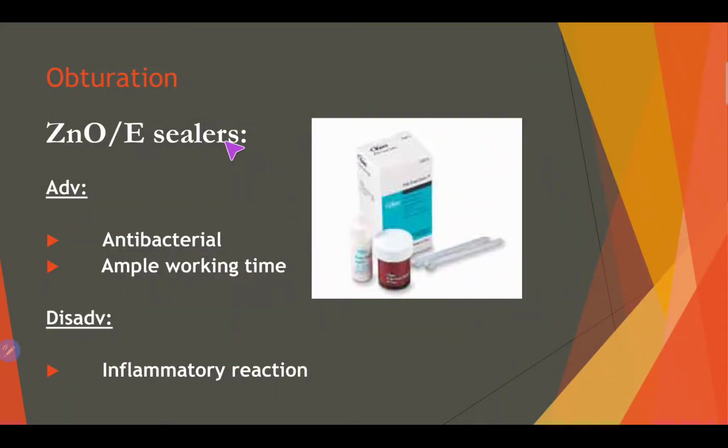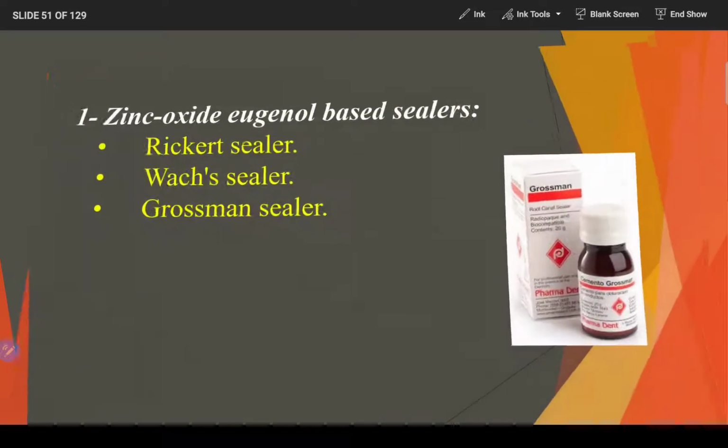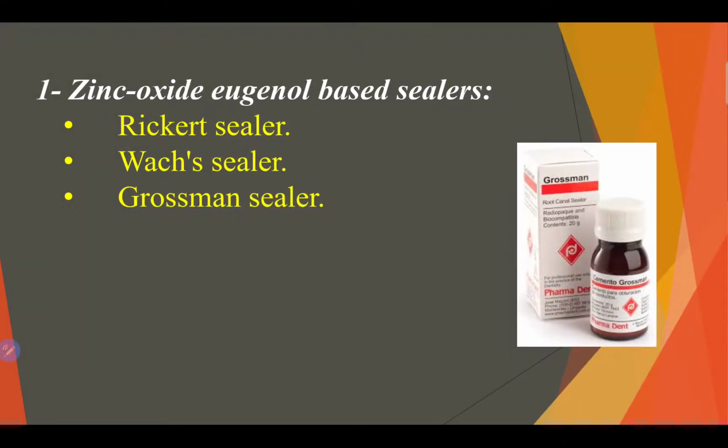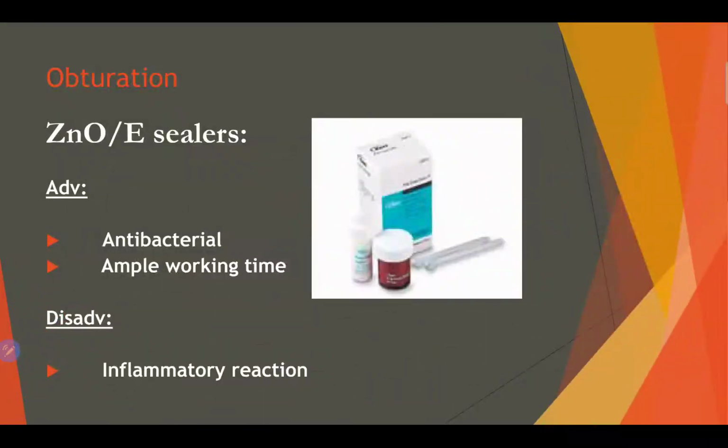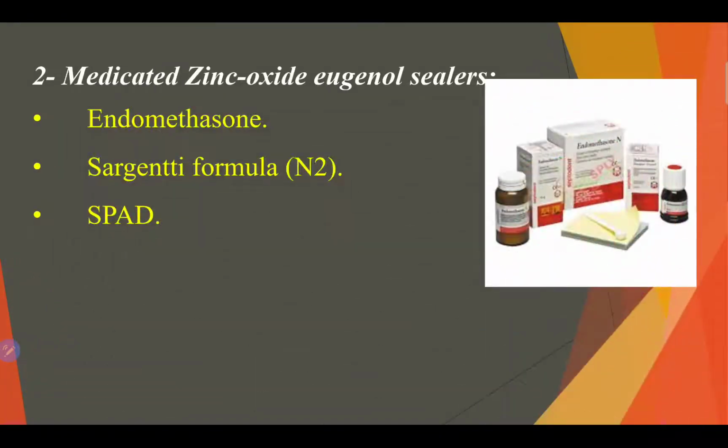The zinc oxide eugenol sealer has an antibacterial effect and ample working time, and the disadvantage is an inflammatory reaction due to the eugenol when it comes in contact with the periapical tissue. Medicated zinc oxide eugenol sealer.